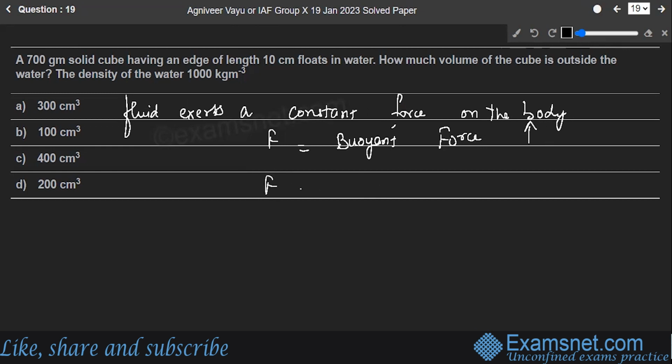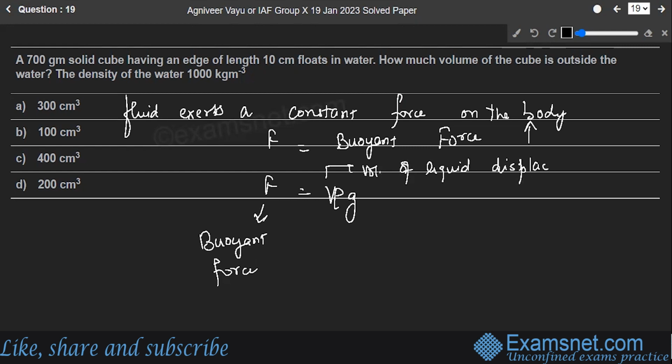And mathematically, it is written as this. So this is your buoyant force, volume of the liquid displaced, density of the liquid, and you know, this is acceleration due to gravity.